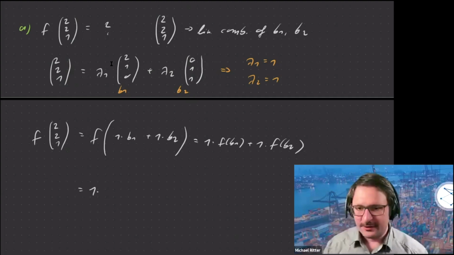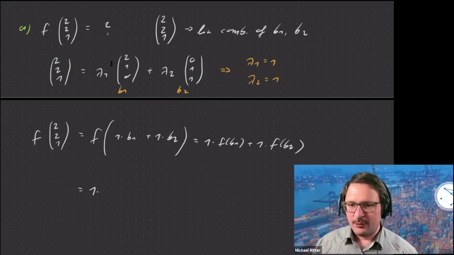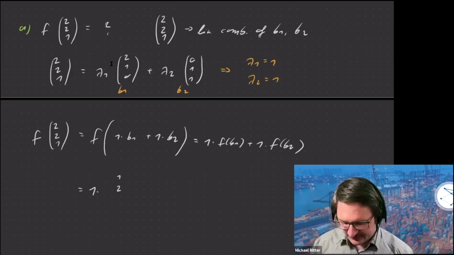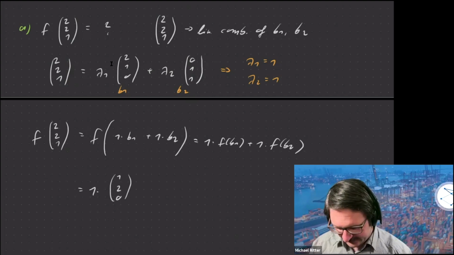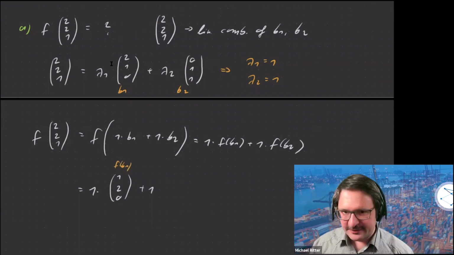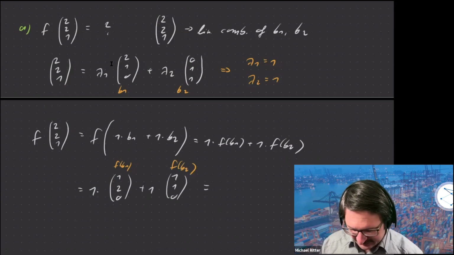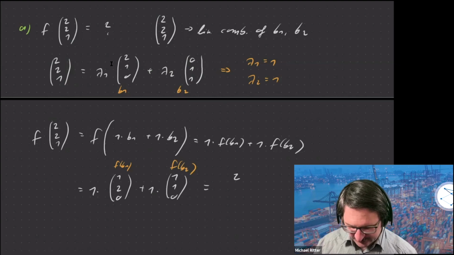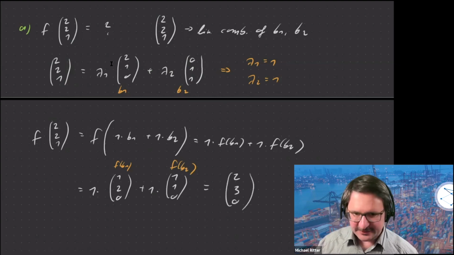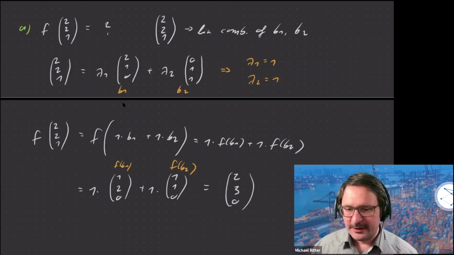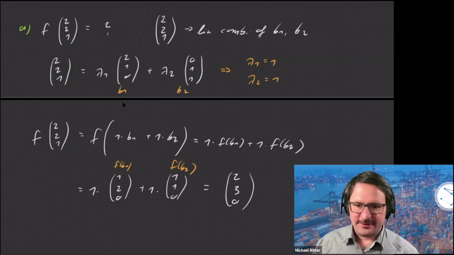By definition of that mapping, f of b1 is 1, 2, 0, and f of b2 is 1, 1, 0. So we can easily compute the result. 1 plus 1 is 2, 2 plus 1 is 3, and 0. So this 2, 3, 0 should hopefully be the image of that first vector.